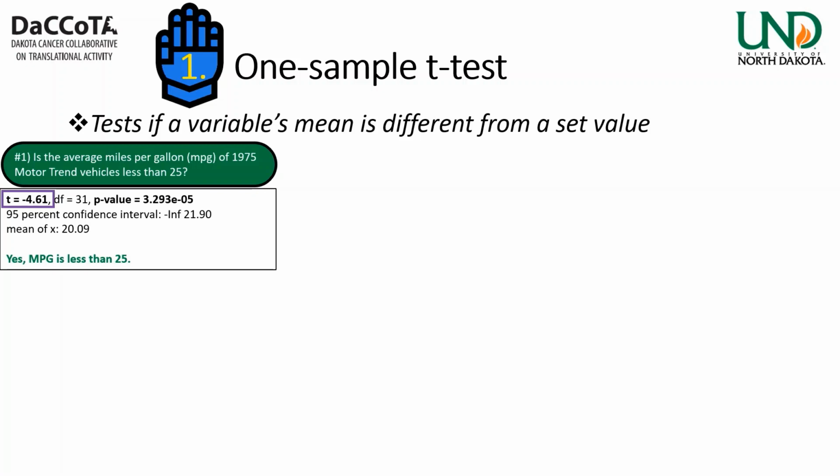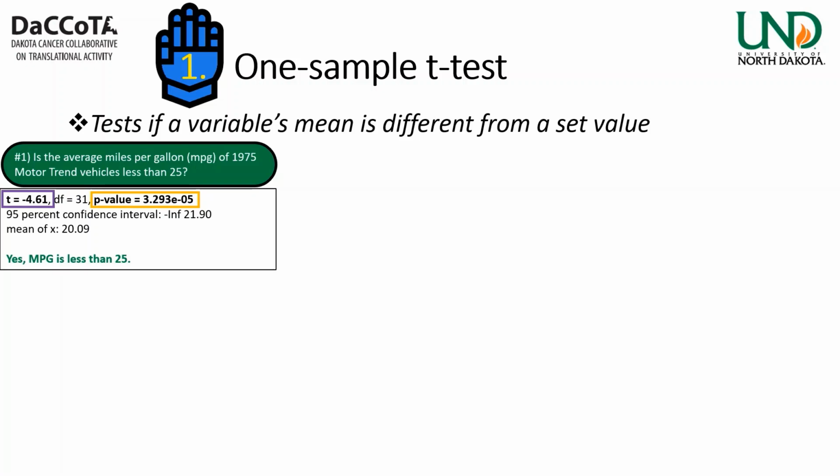So the larger our test statistic is, the more likely it is to be significant. And then typically, test statistics will have a p-value attached to it, which tells you the significance. Any p-values that are less than 0.05 will be significant. If they're above that, they're generally not considered significant.